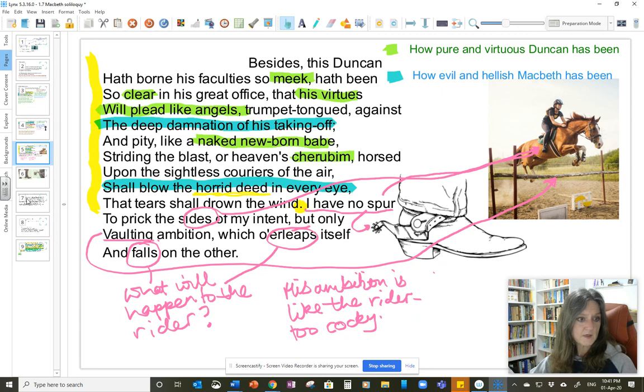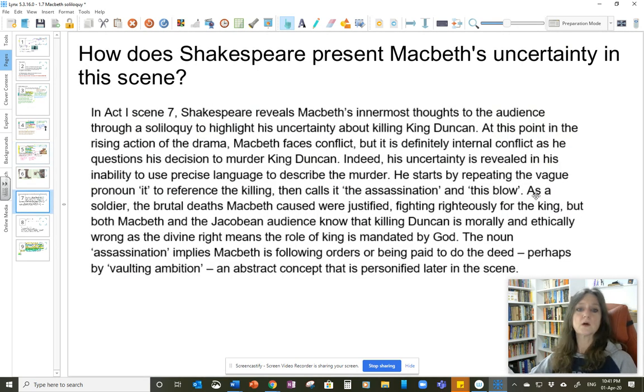So let's have a look at my model paragraph. This is what I wrote this time. How does Shakespeare present Macbeth's uncertainty in this scene? In Act 1, Scene 7, Shakespeare reveals Macbeth's innermost thoughts to the audience through a soliloquy to highlight his uncertainty about killing King Duncan.